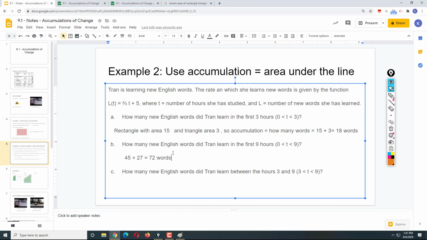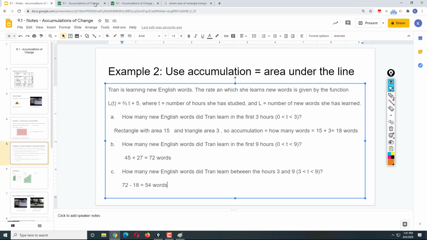That means 3 is less than t is less than 9, the interval 3 to 9. Well, she learned 18 words in the first 3 hours, 72 words in total. So after the first 3 hours, she learned 72 minus 18, which is 54 words. So we know it has to be 54 words.